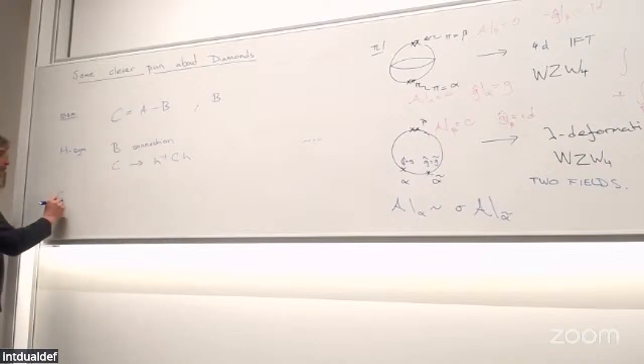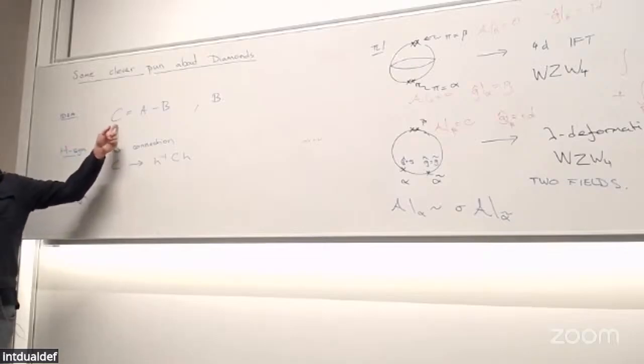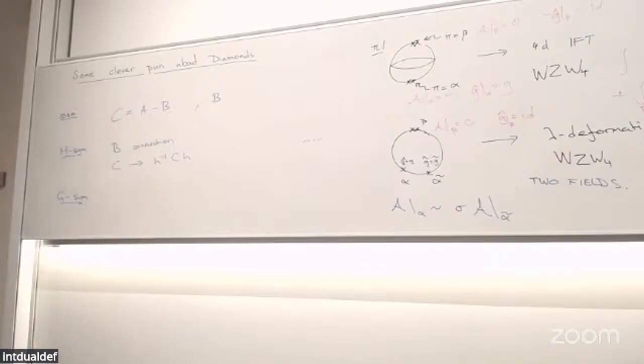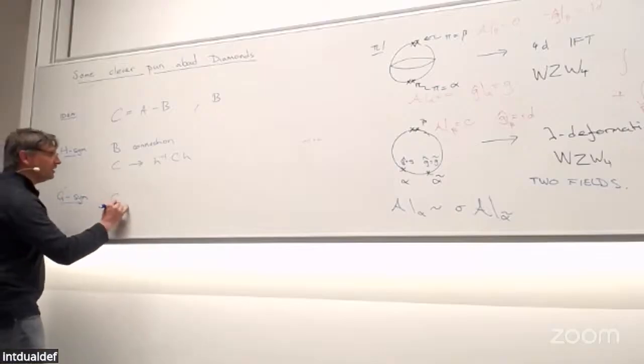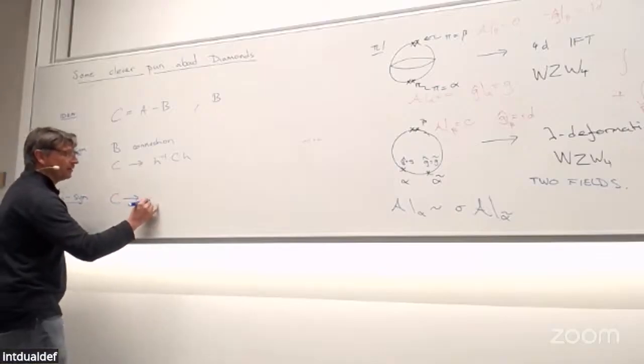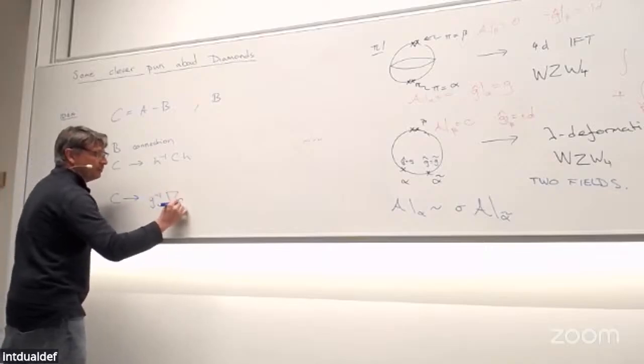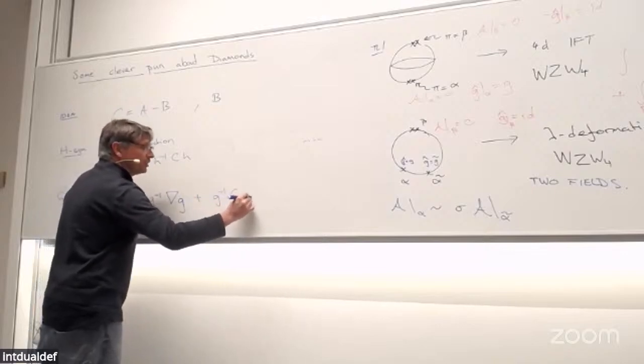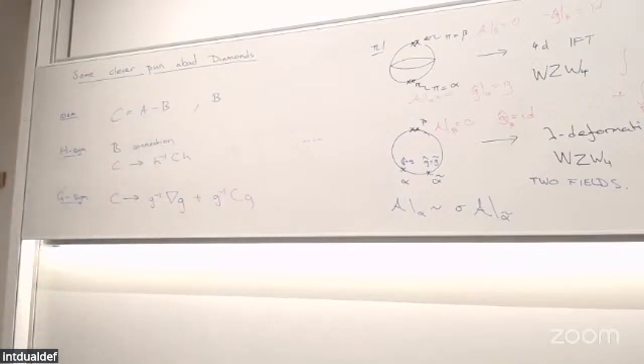But then there's another symmetry, and this one's even more fun, which is the G symmetry, for which B is inert and C is not a connection because it's got A minus B. Okay, so something funny about this one, C transforms like G inverse Nabla G plus G inverse CG. When Nabla is now the covariant derivative with respect to B. So it mixes, the gauge transformation of C picks up B. Okay.